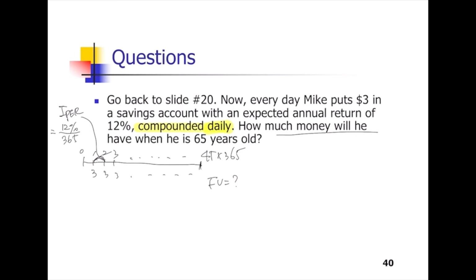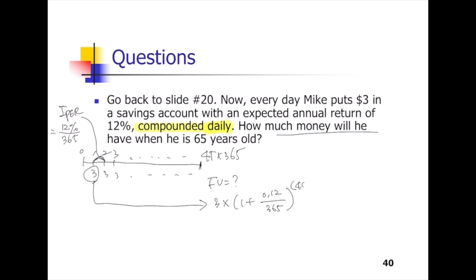So that is the period rate. So this money can be compounded how many times?